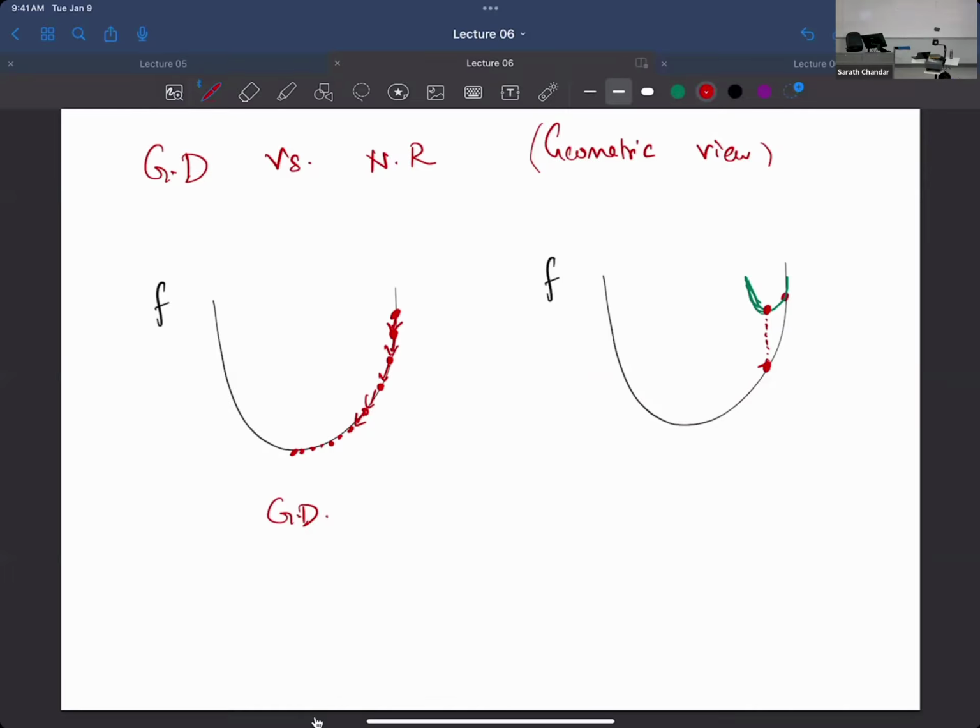The minimum of the approximation is here, so when you map it back to the true function, you're actually reaching here. Nice, right? In one step, you're making a huge jump.